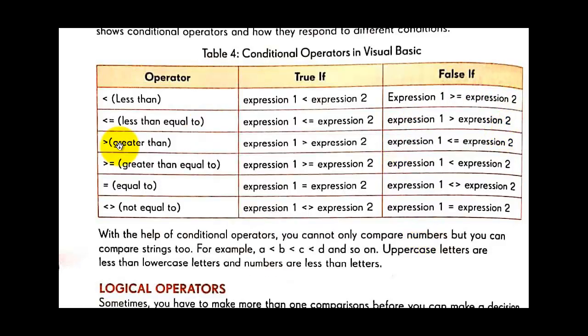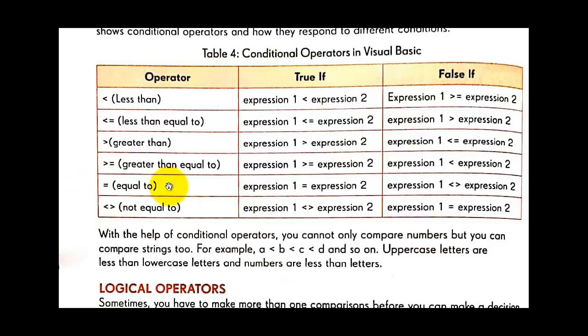Greater than: true if expression 1 is greater than expression 2, and it will be false if expression 1 is less than or equal to expression 2, because the condition given here is greater than.